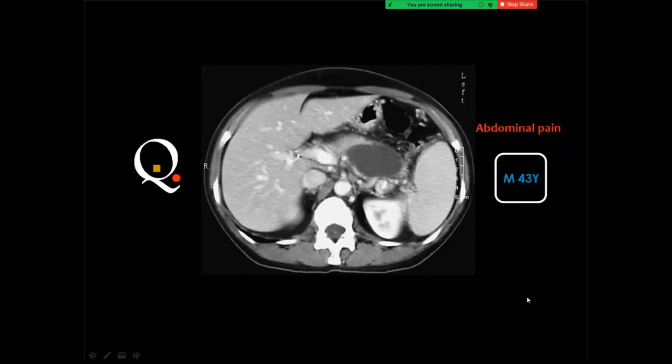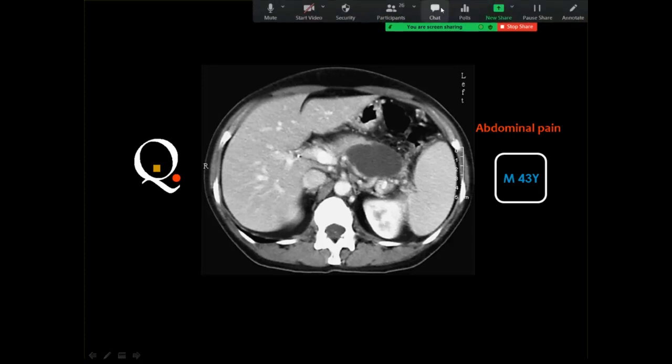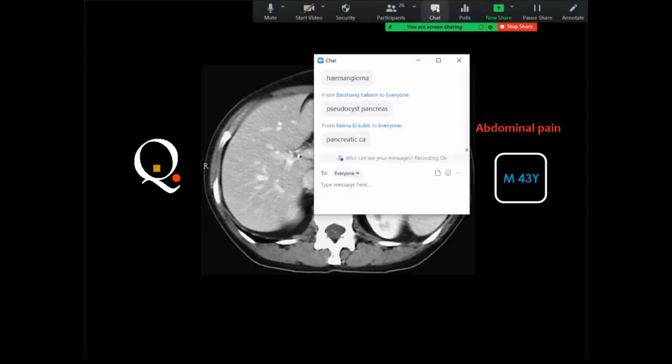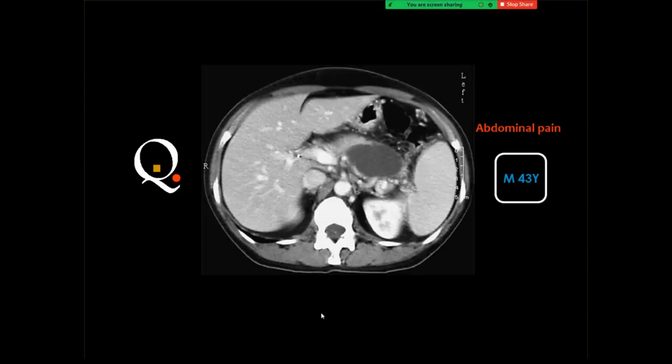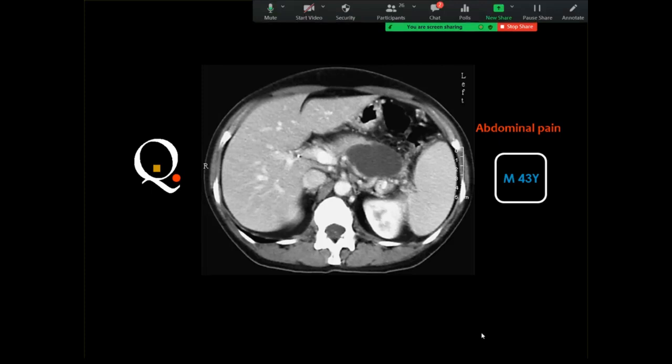This patient, male 43 years old with abdominal pain. Yes, and this is pseudopancreatic cyst, classic appearance. The most common unilocular cystic lesion in the pancreas, and this is pseudopancreatic cyst.